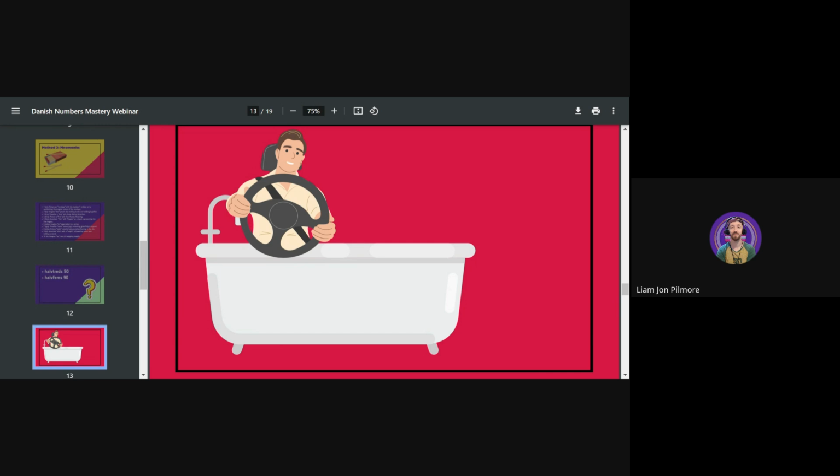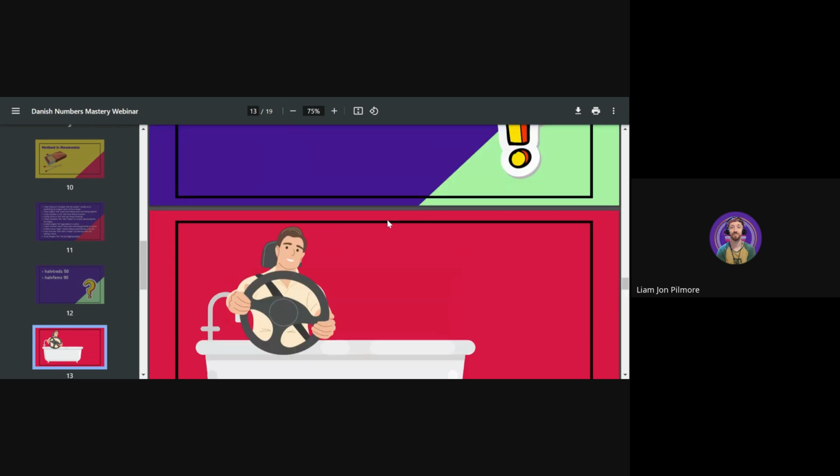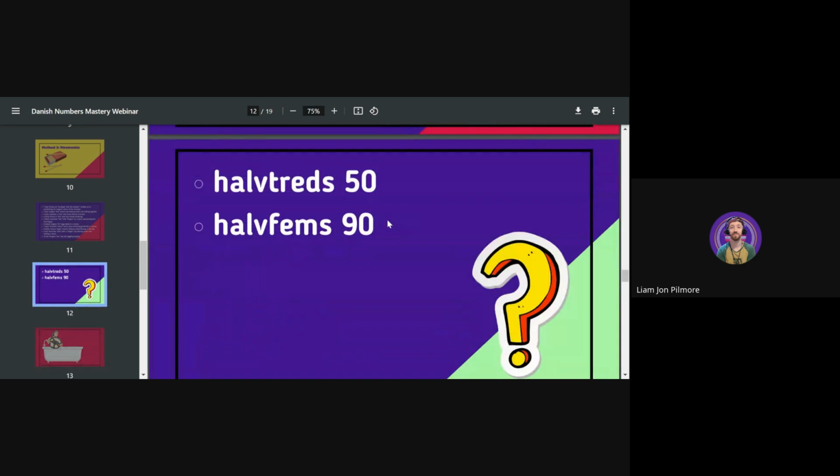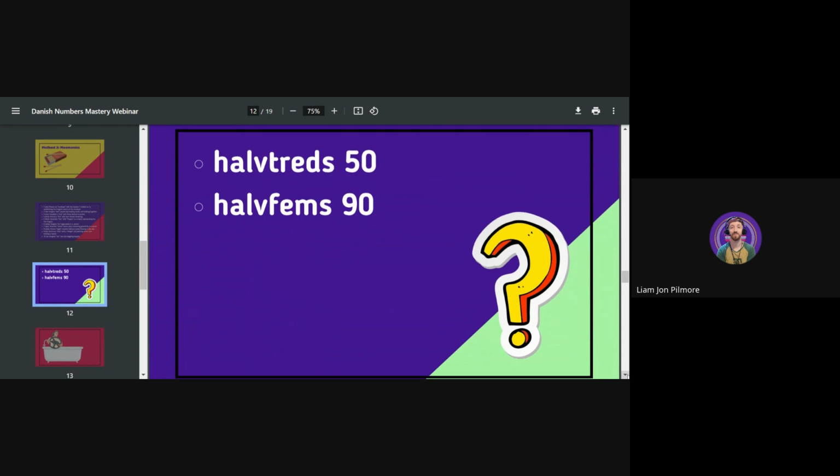It's arguably a little trickier with numbers, because if I just scroll back here, I had 2 numbers written on the previous slide, halvtreds, halvfems. I mean, how or what would you picture with these 2 words, halvtreds?